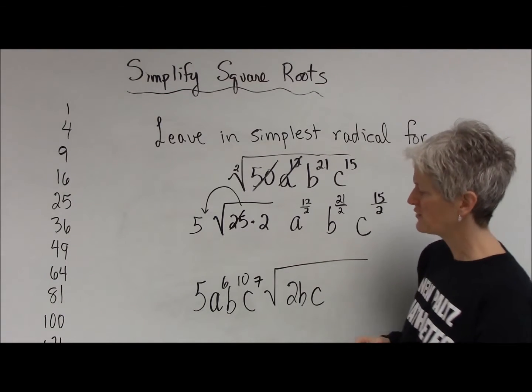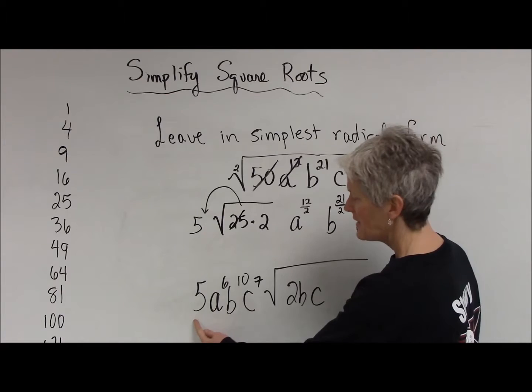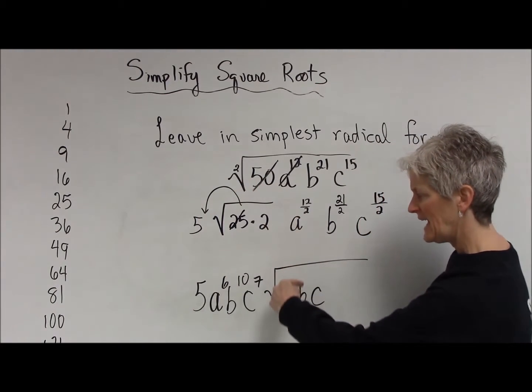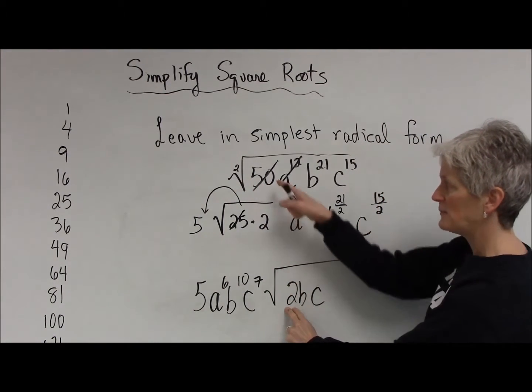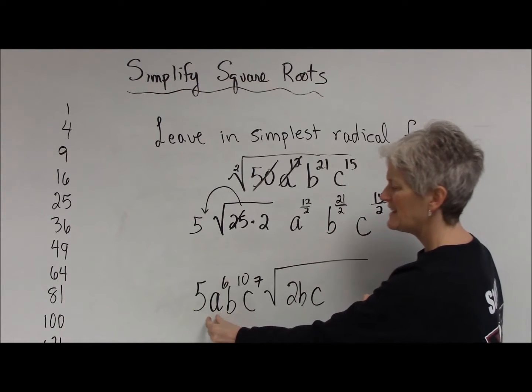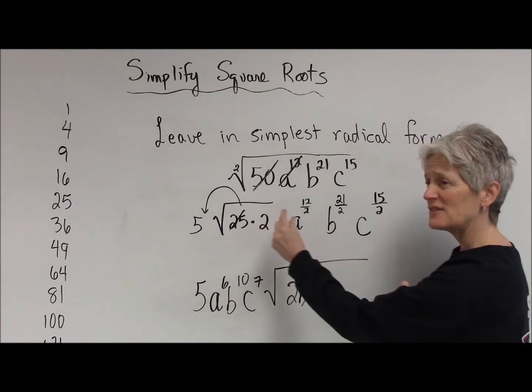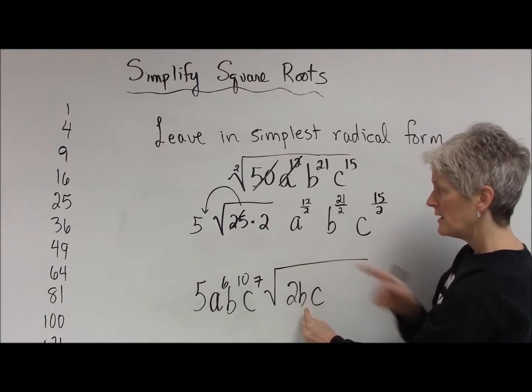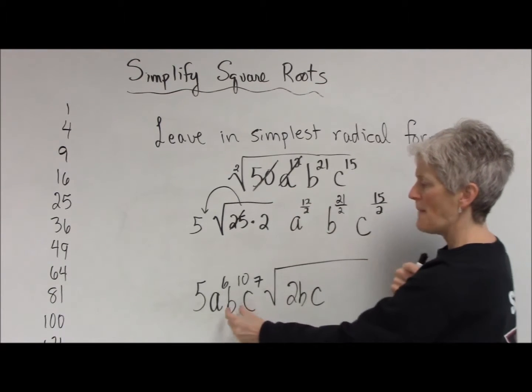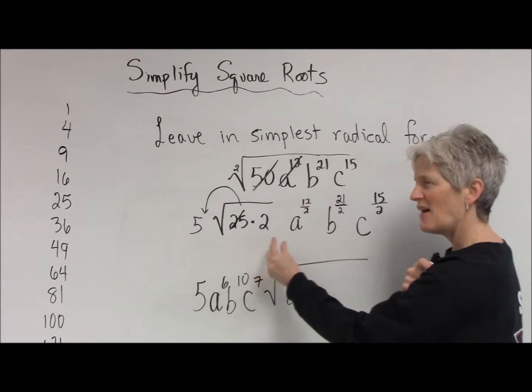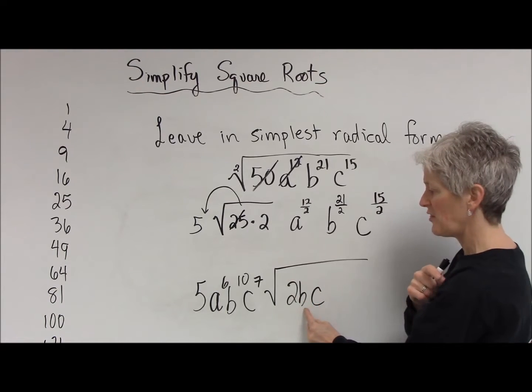Let's just make sure this works. So I have 5. If I put that back in, 5 squared is 25 times 2. That works, 50. a to the 6th times a to the 6th is a to the 12th. And that's what I had. b to the 10th times itself is b to the 20th, plus 1.